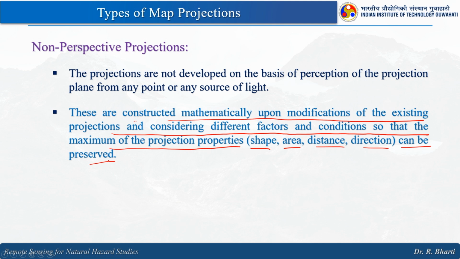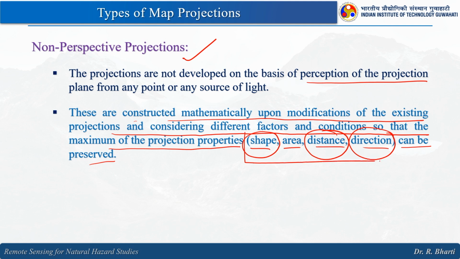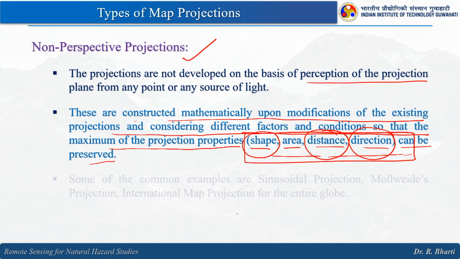We also discussed in the previous slides some projection systems preserving one of the parameters; some projections are capable of handling one parameter, best representing that one. But when we talk about the non-perspective, we are not using the perception of the projection and we did not consider any point of light source. So, in such cases, this particular projection system is able to manage all these properties.